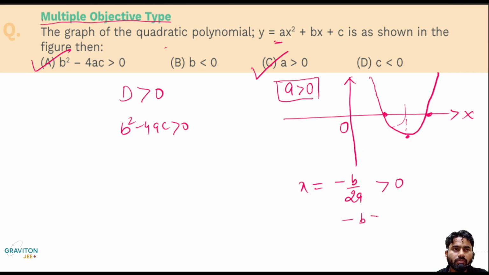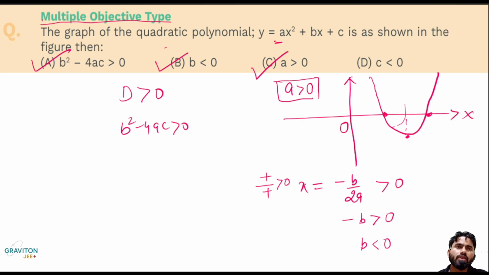So minus B should also be positive, because positive upon positive gives you positive. So the denominator is positive, so the numerator should also be positive. So minus B should be positive, so B should be negative. Right? So from here you will get that option B is also correct.